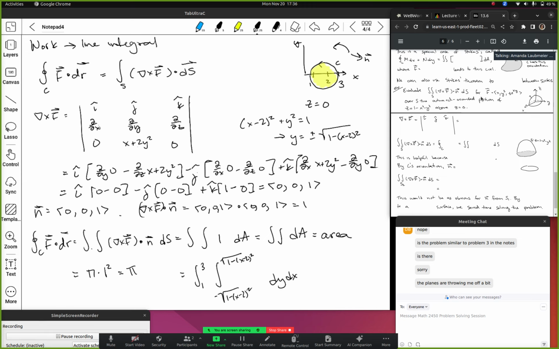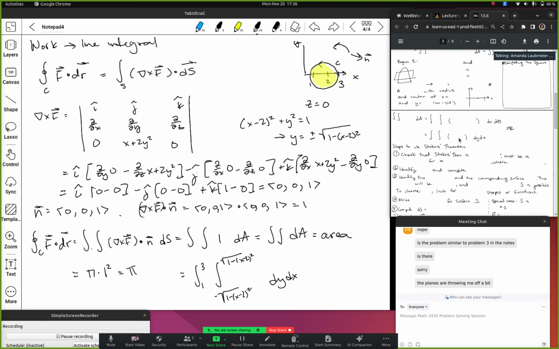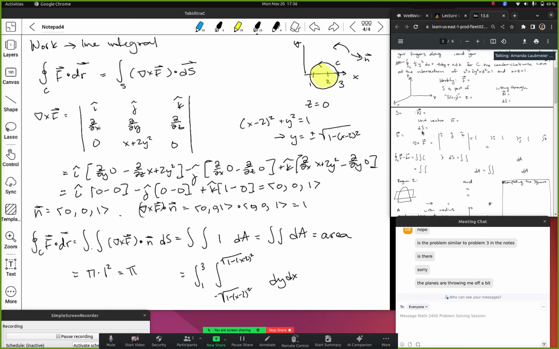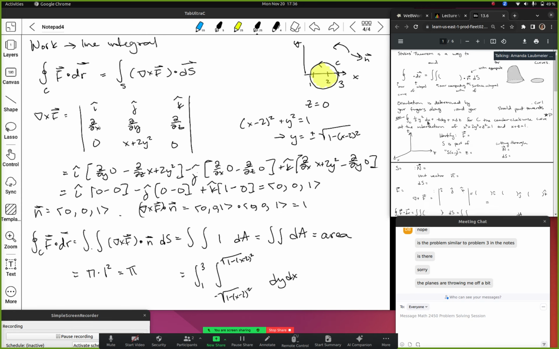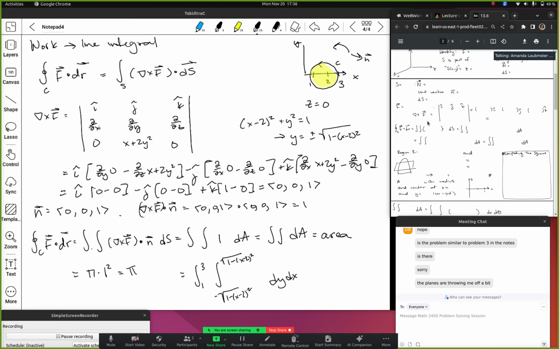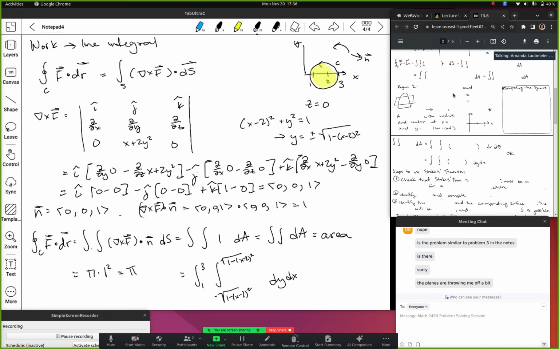So yeah, you're going to want to set this one up like the first example we did. It's actually a little bit easier a surface. And sorry, I don't have the filled in ones here.